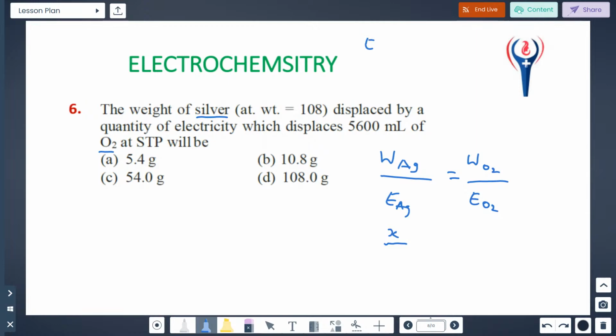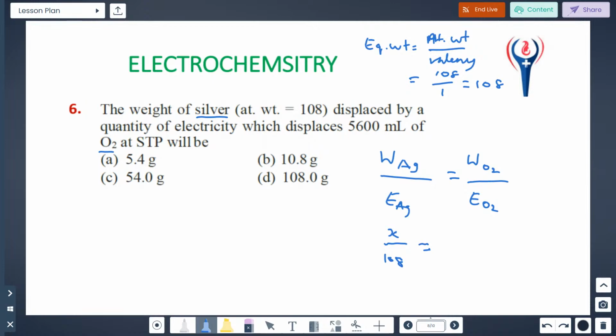Equivalent weight is equal to atomic weight by valency. Simply remember like this. Silver valency is 1, so 108 by 1 only. So the answer is 108. Equivalent weight of silver is 108. Understood?